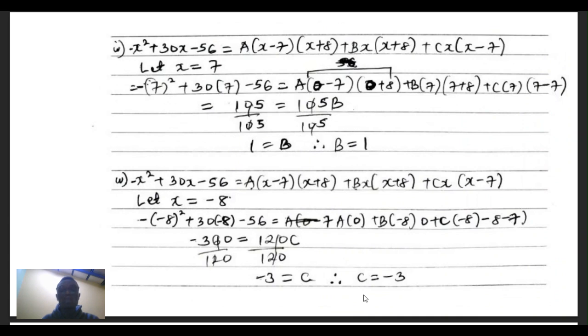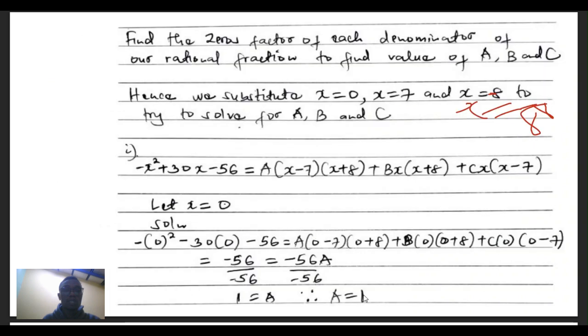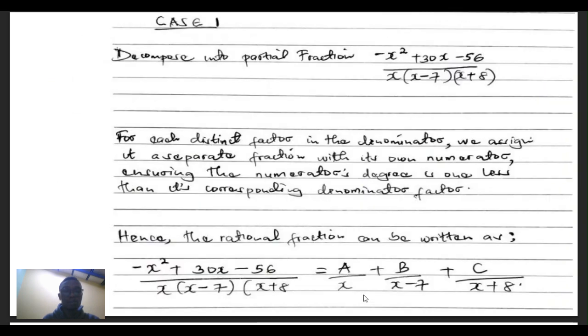So we'll go back to our rational fraction up here, negative x squared plus 30x minus 56 over x(x minus 7)(x plus 8), which is equivalent to A over x plus B over x minus 7 plus C over x plus 8.